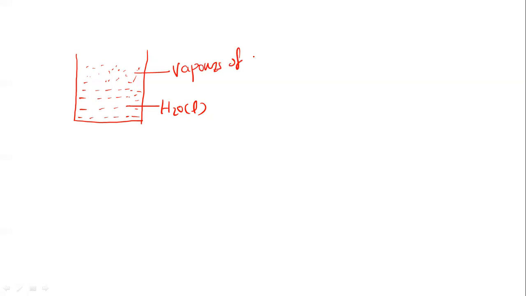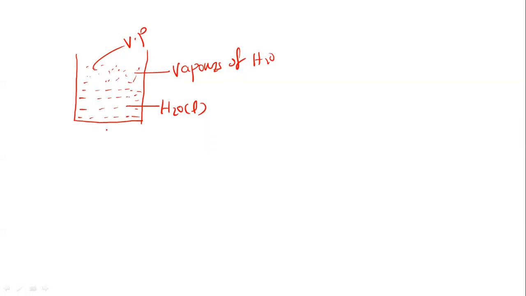in a beaker we have taken water, then a certain vapor pressure is existing onto it. So these are the vapors of water, and these vapors create the vapor pressure onto the surface.